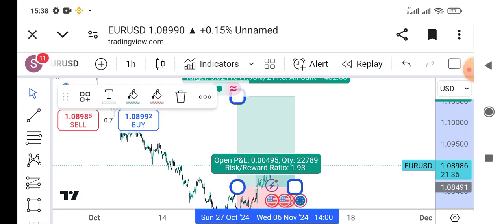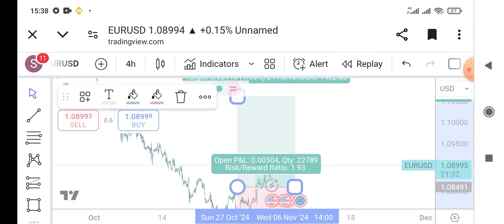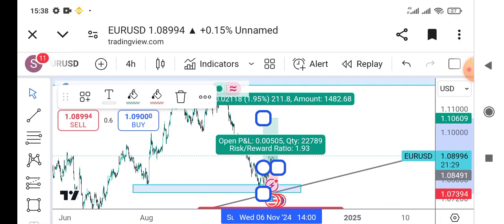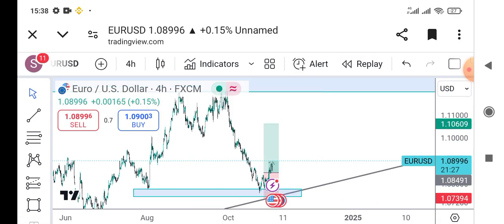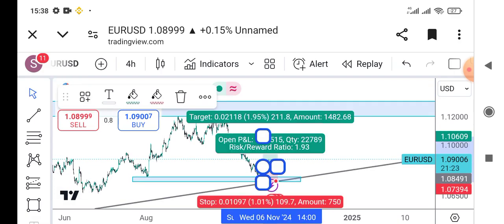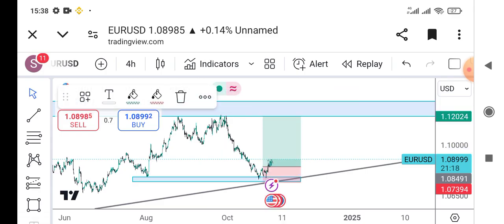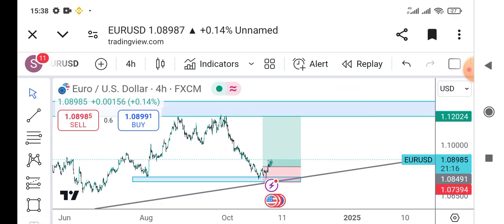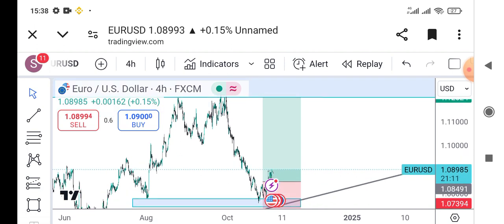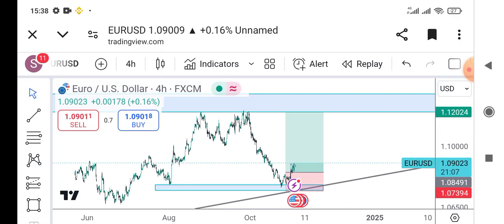Then you move. Let us go to the 4-hour chart. So that one was going to be your first take profit at that level.